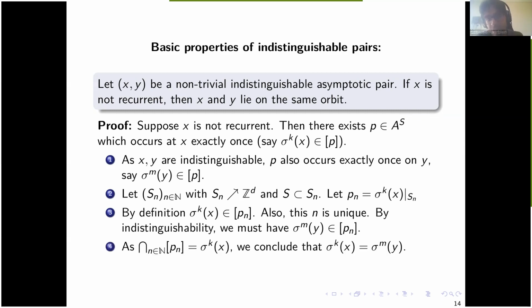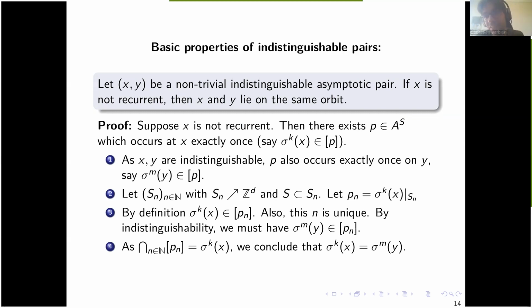And the intersection of all these patterns as S_n goes to infinity is just going to be the singleton with sigma^k of X, so I'm just going to see the shift of X. So the only thing that I could have is that sigma^k of X is sigma^m of Y. So these two configurations need to coincide up to some shift.